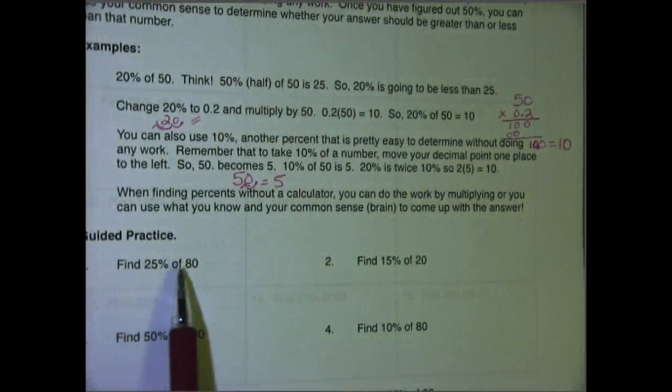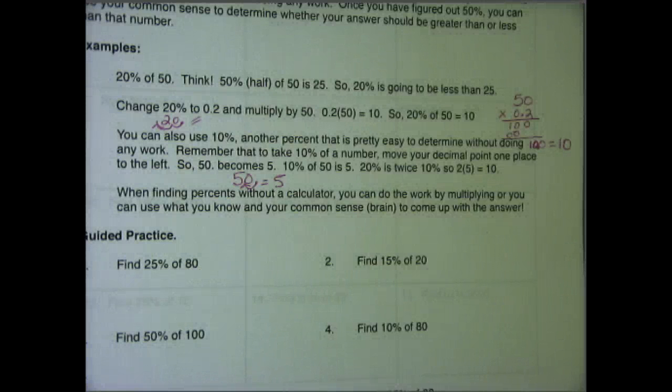So find 25% of 80. First, I'm going to think. 50% of 80 is 40. So half of 80 is 40. So I know that 25% is going to be less than 40. If I think real close, I know that 25 is half of 50. So 25% is half of the 50%.